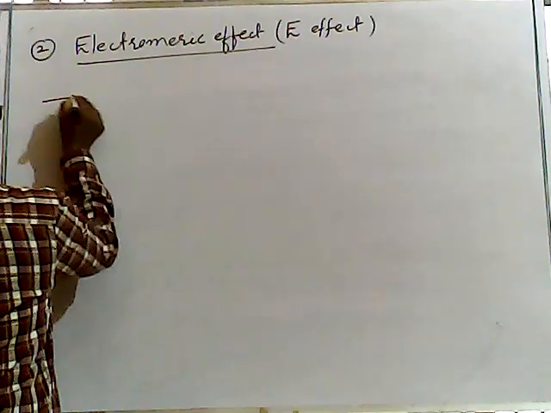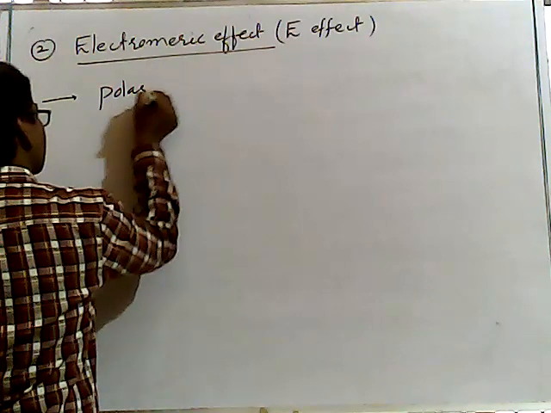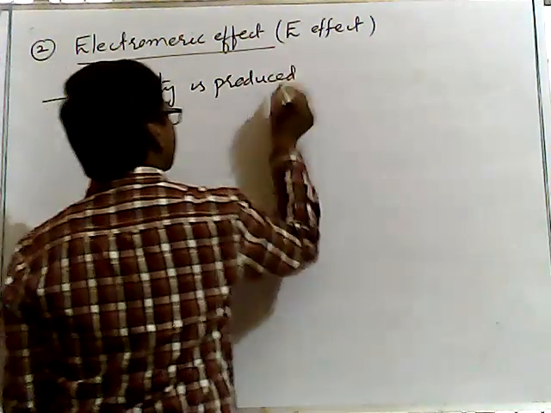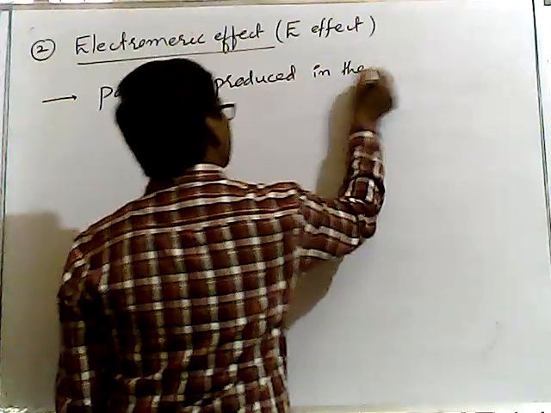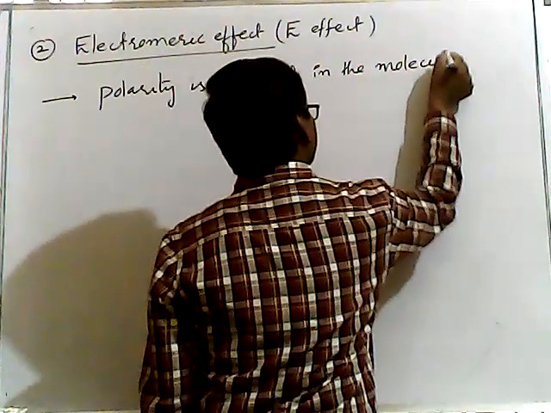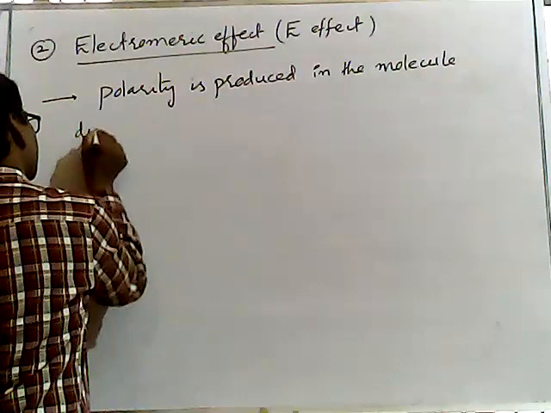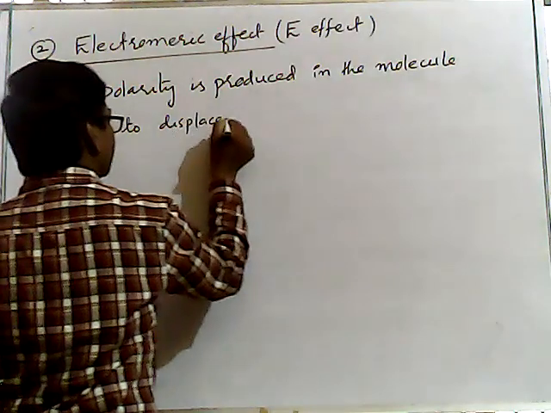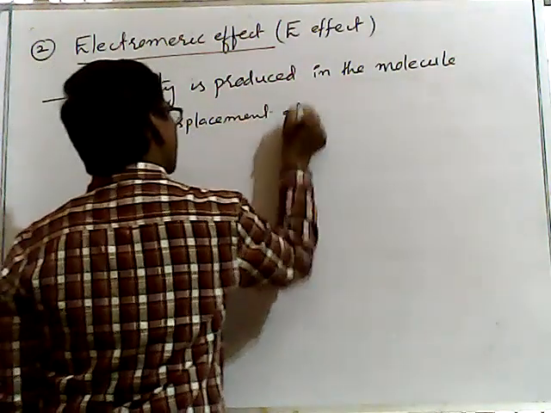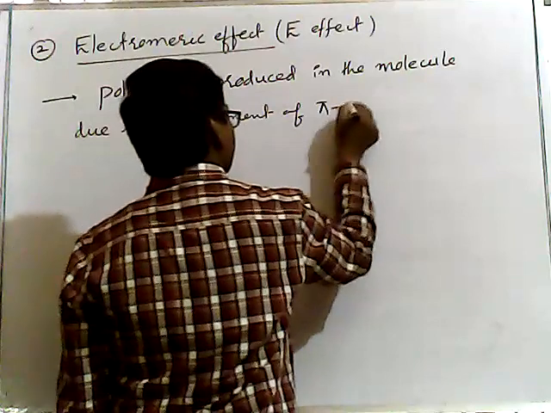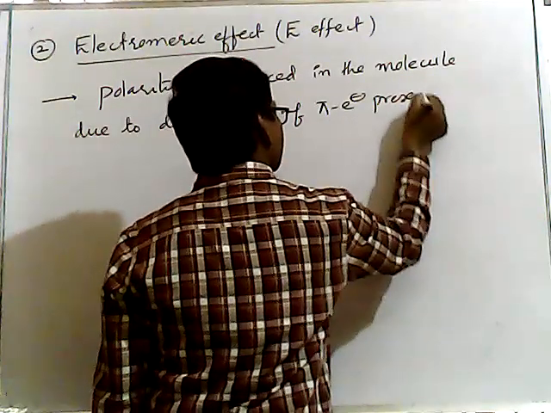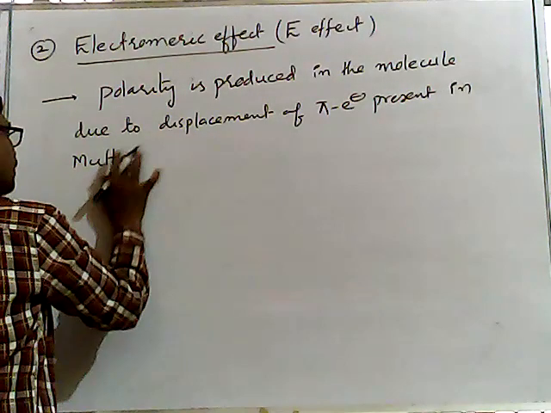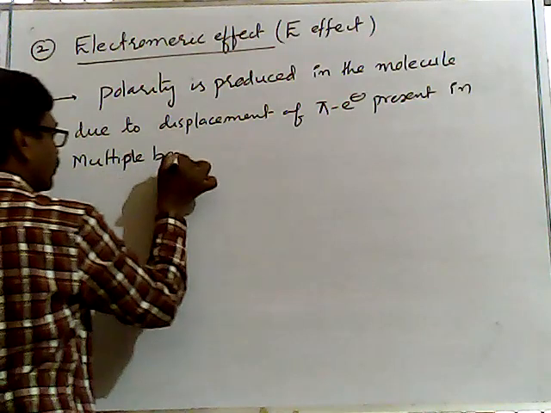Here I am writing the definition: polarity is produced in the molecule due to displacement of pi electrons present in multiple bonded compounds.